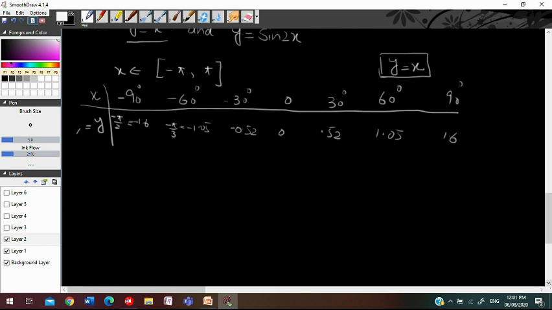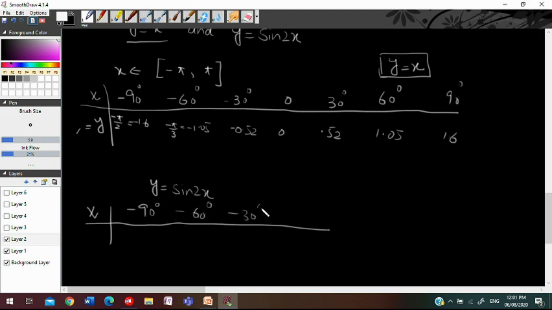Similarly, now you are going to make a table for y is equal to sine 2x. Again, we have x: minus 90 degrees, then minus 60 degrees, minus 30 degrees, 0, 30, 60 and 90 degrees.